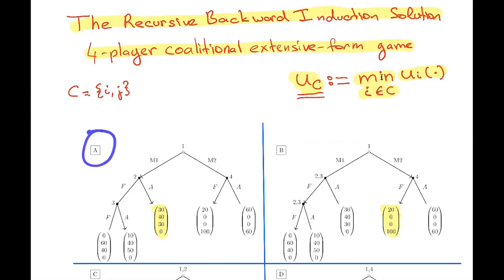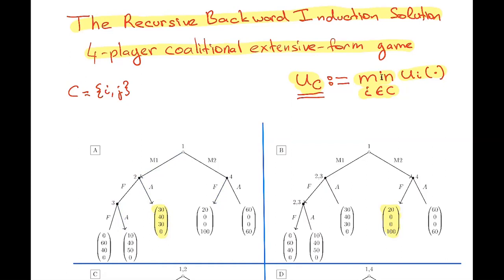Step A shows the standard subgame perfect equilibrium solution when every player chooses non-cooperatively. And the solution leads to the outcome 30, 40, 30, and 0.